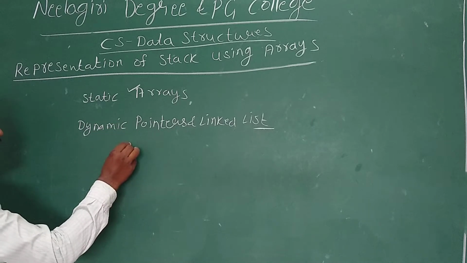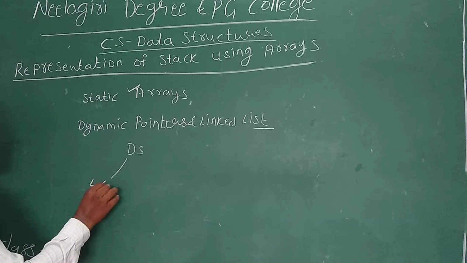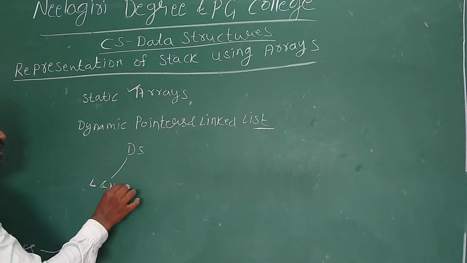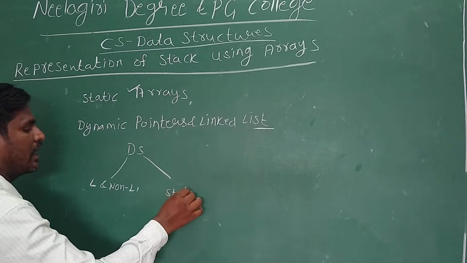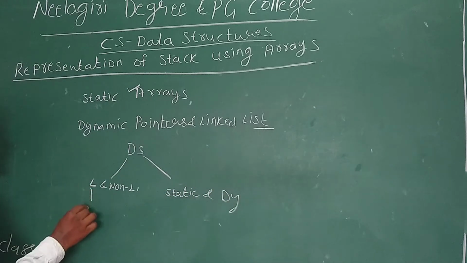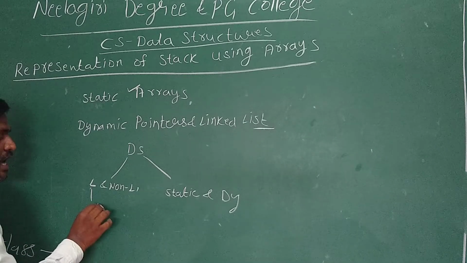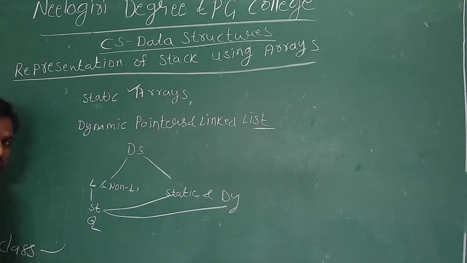Now let's discuss that. Data structures may be linear or non-linear, and data structures may be static or dynamic. A stack is a linear data structure. A stack may be static, or a stack may be dynamic.